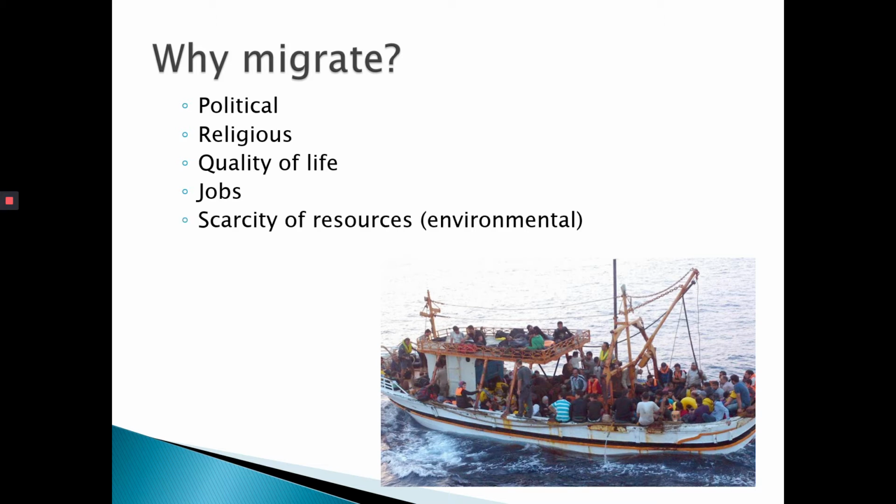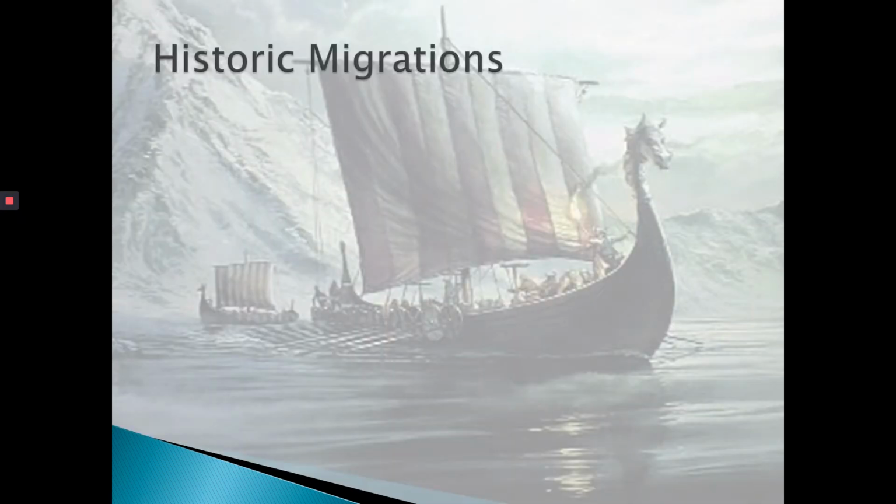Maybe there's something environmental that's happening in your country or your area, and you are being forced to move because of something that's happening to the weather. So migration is not something that is new. We have had migrations in all of recorded civilization.